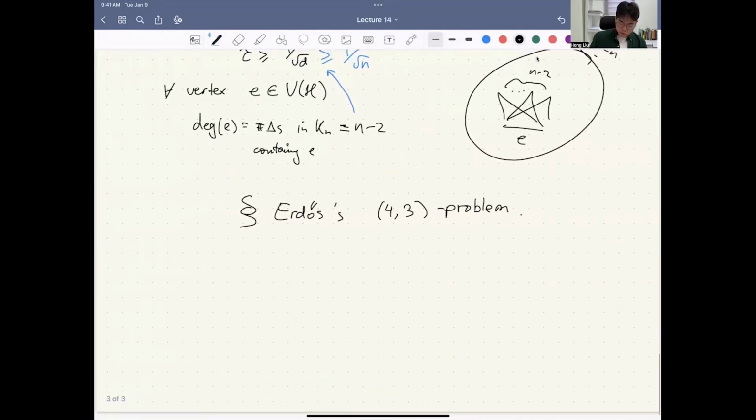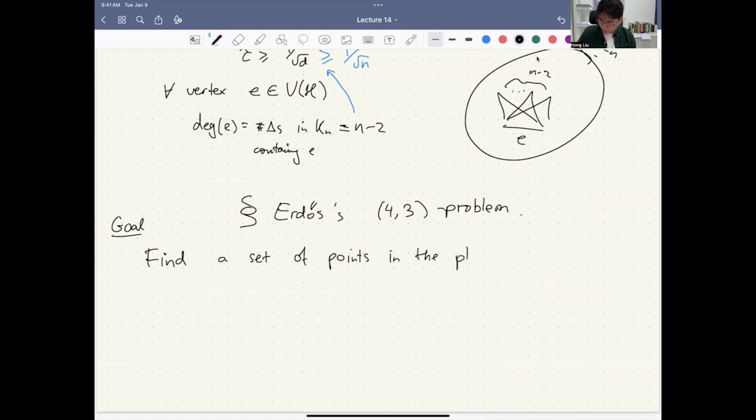So the goal is to find a set of points in the plane that has two contradicting properties.